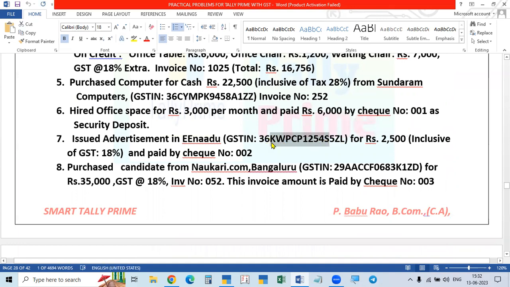After that, there are 5 alphabets, 4 numbers, and again 1 alphabet. These 10 characters are called the PAN card number. GST registration is always based on PAN card. So whenever you register in any state, all the registrations will be based on PAN card. This is the PAN based registration.